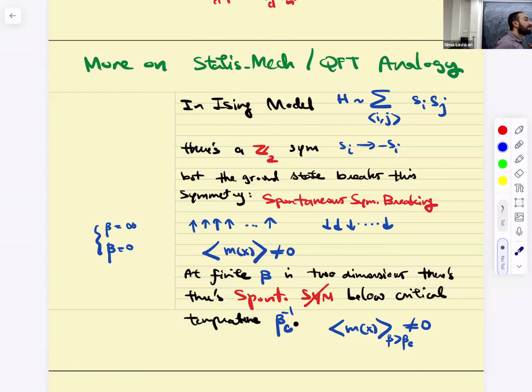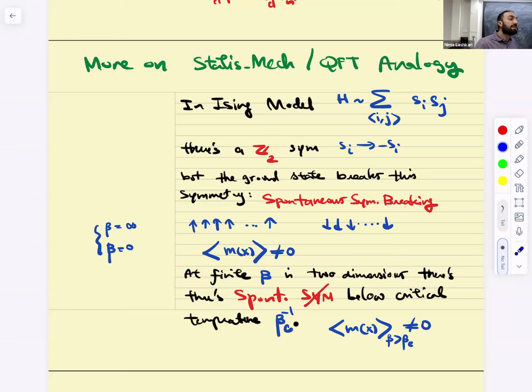Now, in 1D, the moment you turn on beta, a finite temperature, this spontaneous symmetry breaking goes away, right? Remember that non-zero beta is like the quantum analogy, like when you have quantum corrections. So the more interesting cases are where temperature is non-zero.